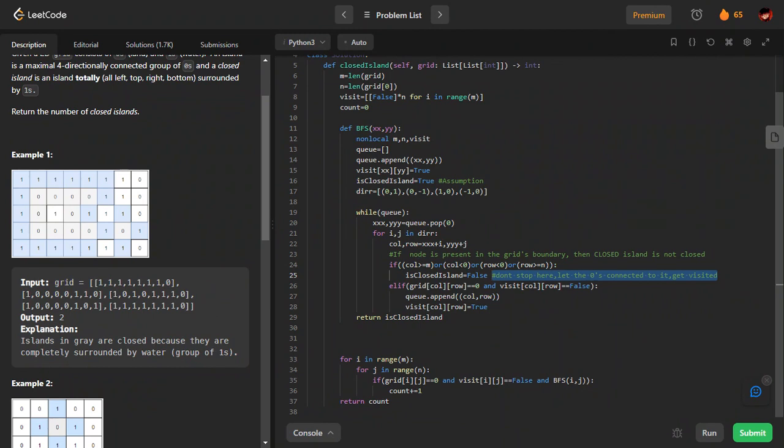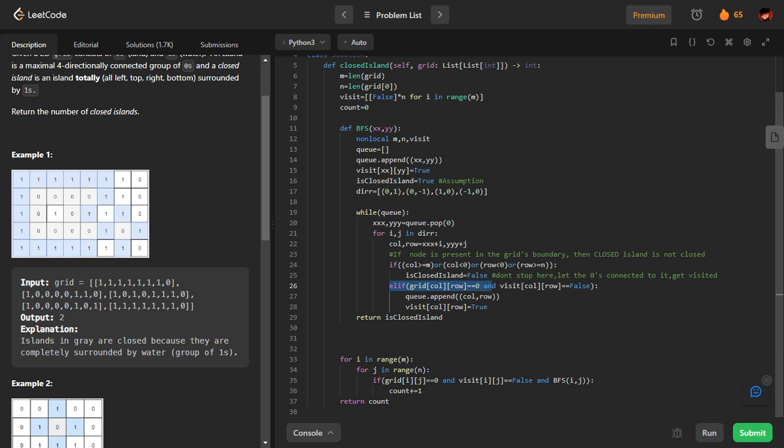So I'm making is closed island equal to false, and I'm not stopping here. I will continue with my BFS, and all lands at distance 1 to 8 will be visited next. That's what BFS is. This condition will be true if it is along the boundary. If it is not along the boundary, then we'll come to the next condition.